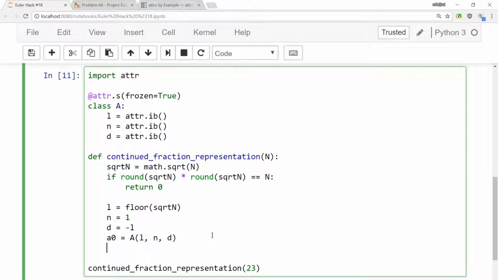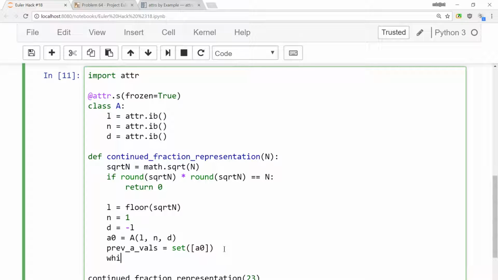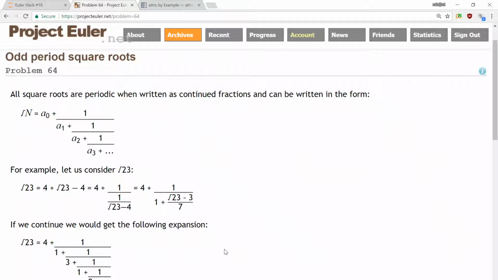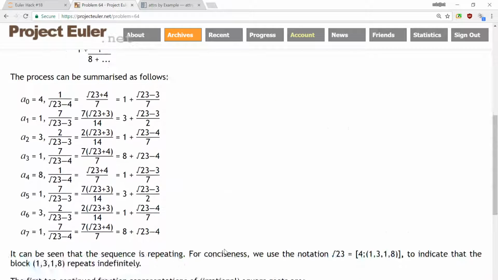So prev A vals is a set which we start off with A0. So while, I think A0 not included. No. Why not?